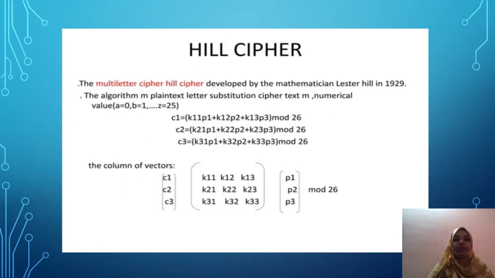C1, C2, C3 are the column, and K11, K12, K13, then K21, K22, K23, similarly K31, K32, K33 are represented as rows. P1, P2, P3 represent the plain text, with mod 26.